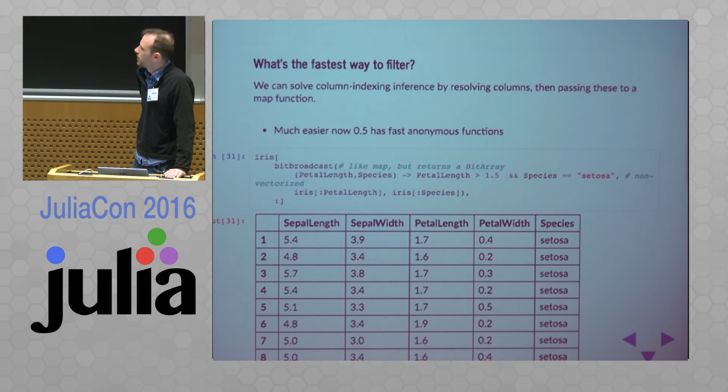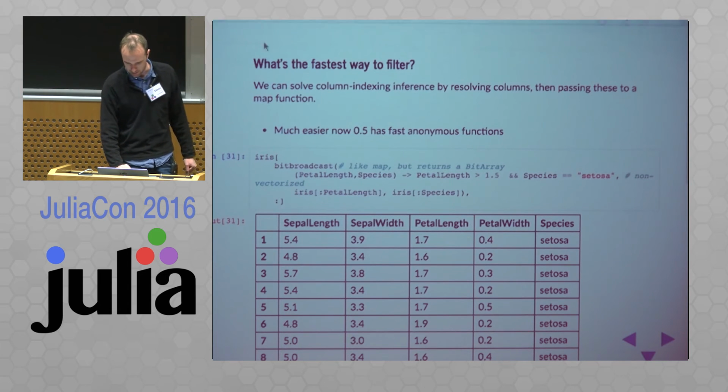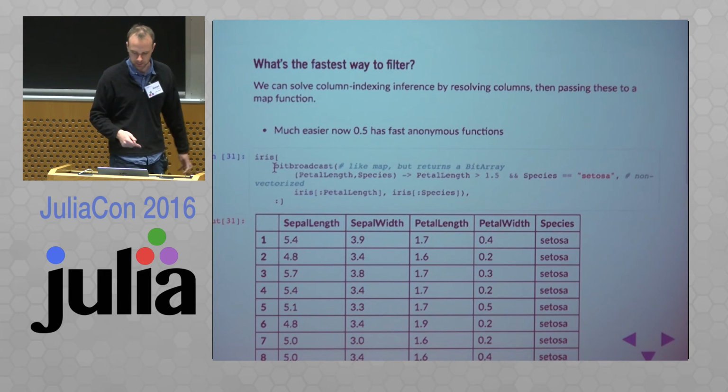So perhaps a way to think about it is, okay, what is the fastest way to filter? What is the code we want to generate, in some sense? In Julia, this ends up being the fastest way I can figure out how to do this, which is actually in 0.5, where we now have fast anonymous functions. You want a subset on a bitmask vector.